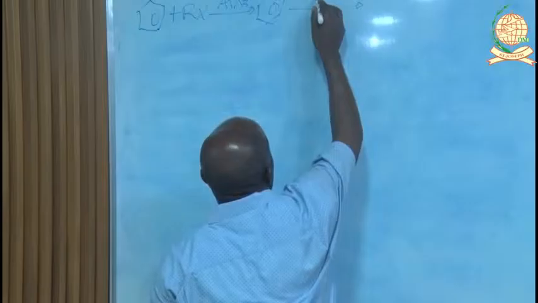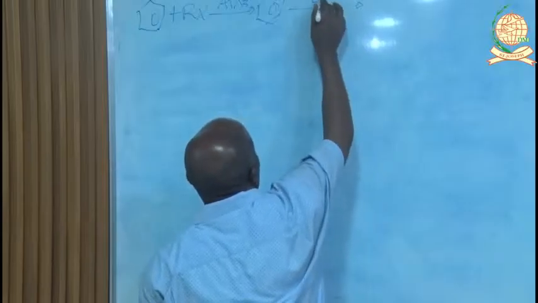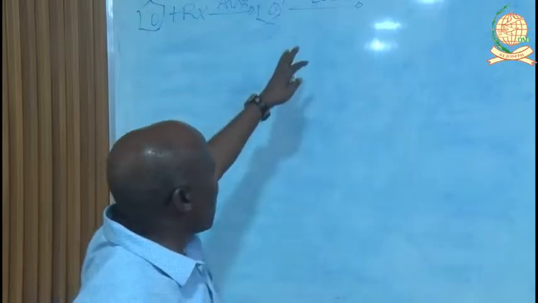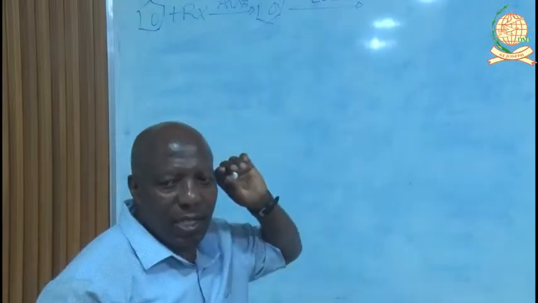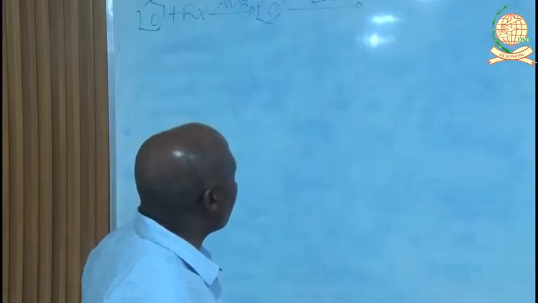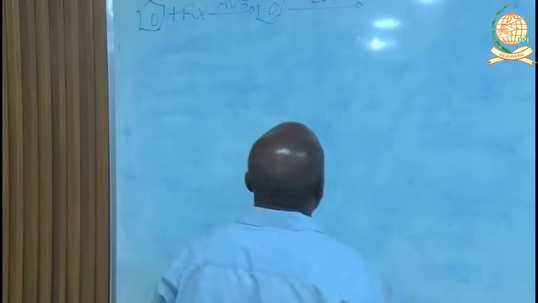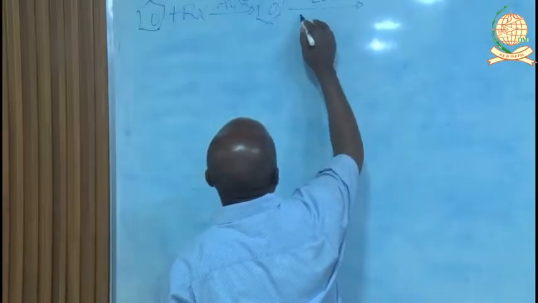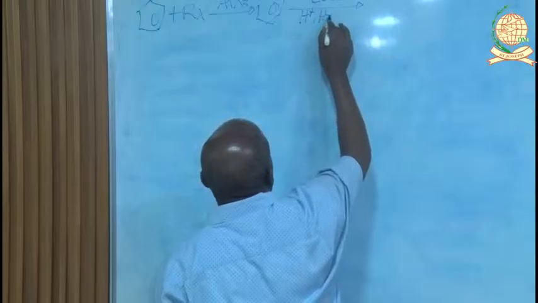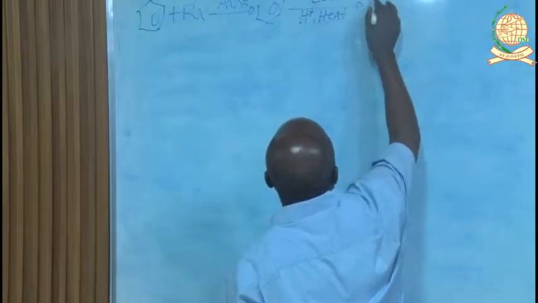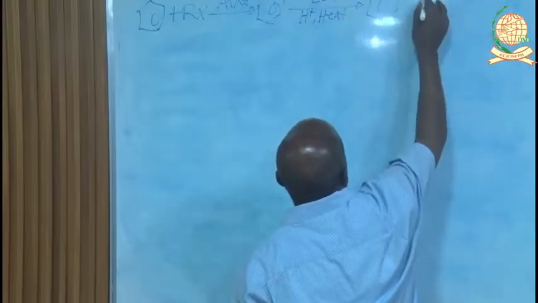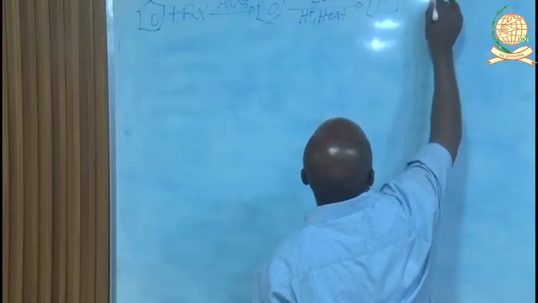Now, whenever you find an oxygen atom enclosed in a square bracket, it indicates that this oxygen is derived from the oxidizing agent. So in the presence of acid, here sulfuric acid, then heat, you get carboxylic acid or benzoic acid.